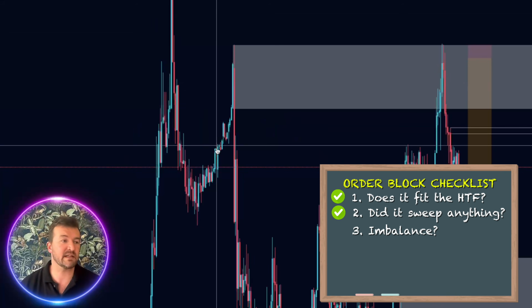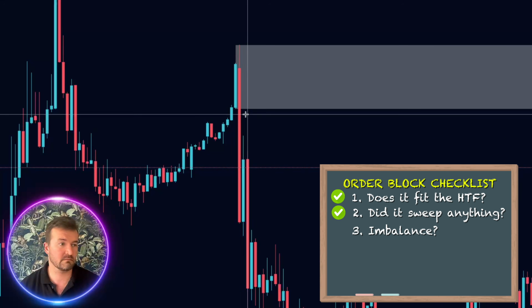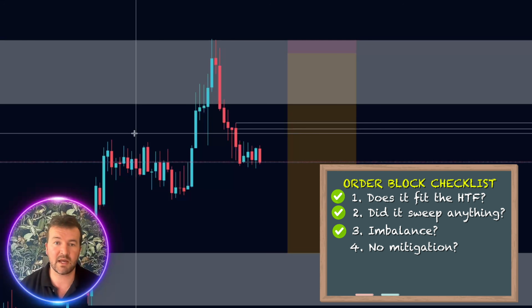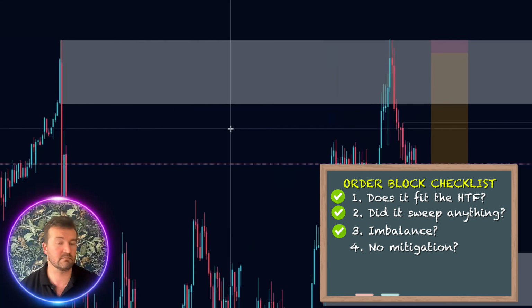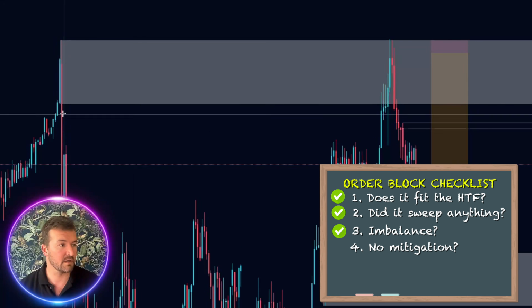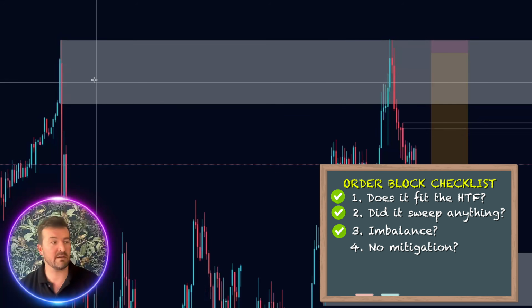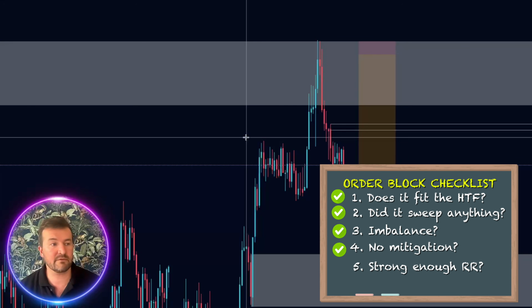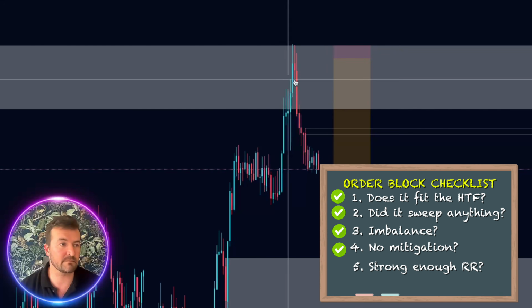Was there strong imbalance leading in? Yeah, there was. Check. 4. Had it been mitigated? No. There was no rebalance straight away. It hadn't been mitigated prior. Perfect. Check.